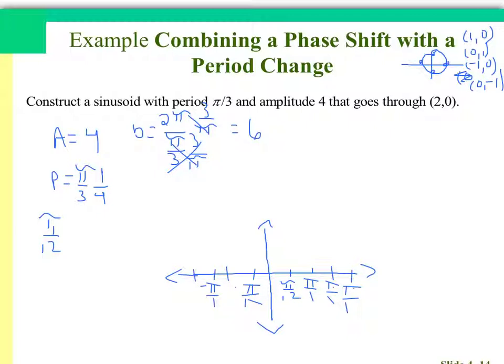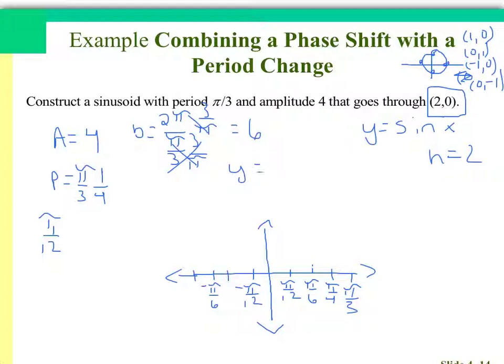Okay, now this point tells us it's starting at a 0, so we should be using the sine function. Except instead of 0, 0, it's 2, 0, so that means h equals 2. So we get y equals 4 times the sine of 6 times x minus 2.